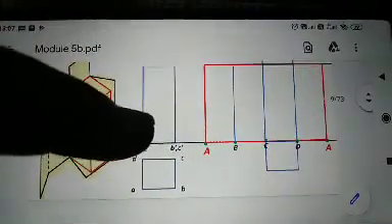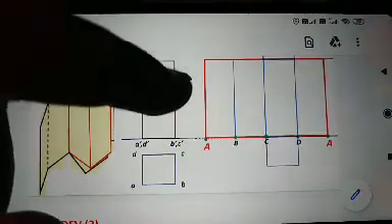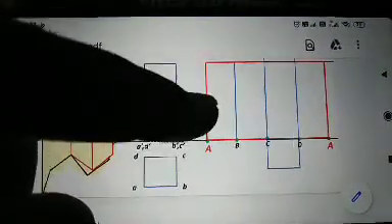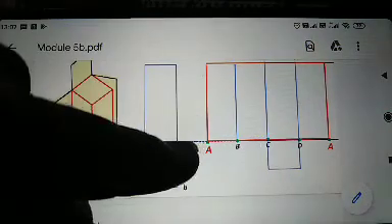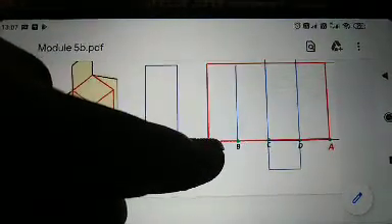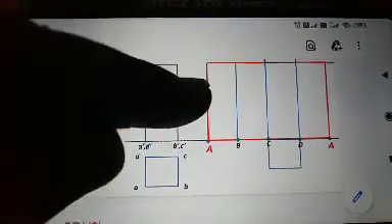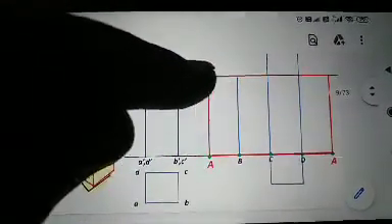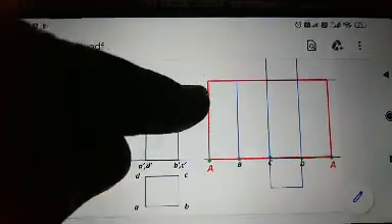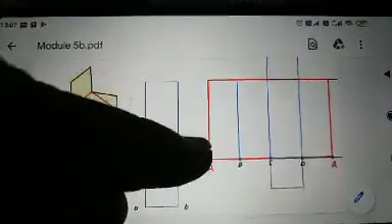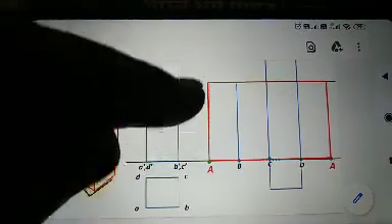Now for developing that prism, we have to project the height of that prism to the front view, that is to the point A, which is taken on the xy line, and take the projection of that height. This is the projection of that height to the front view, and mark a vertical line on that, which is shown in red.